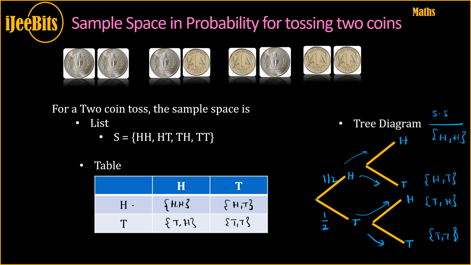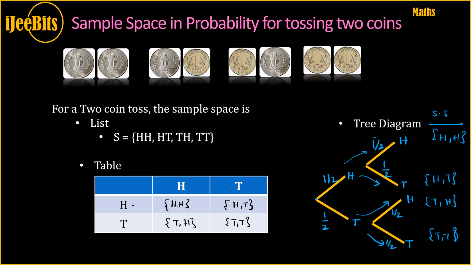So if you consider the probability, for one coin we know the number of possible outcomes is two and the number of favorable outcomes is one. So 1 by 2 is your probability. If you look at here also, this is the same, right? For the second coin, getting head is half and getting tail is half. This is also similar, half and half, isn't it?